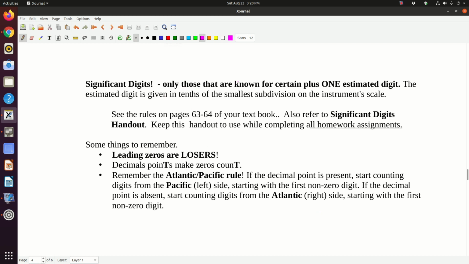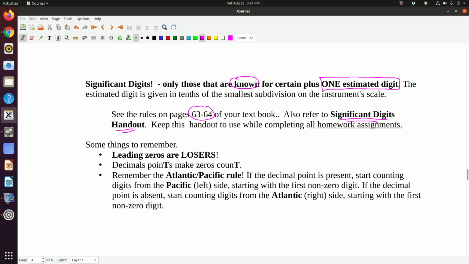Significant digits are those that we know for sure, and you have one estimated digit. It's always going to be one more than what you actually read. You can look in your textbook to see the significant digit work, but you can also look at the significant digit handout. Keep this handout to use while completing all homework assignments, quizzes and tests.